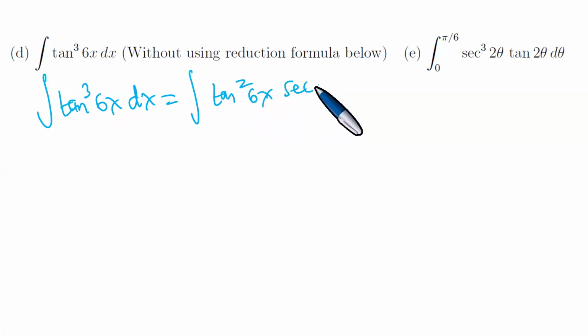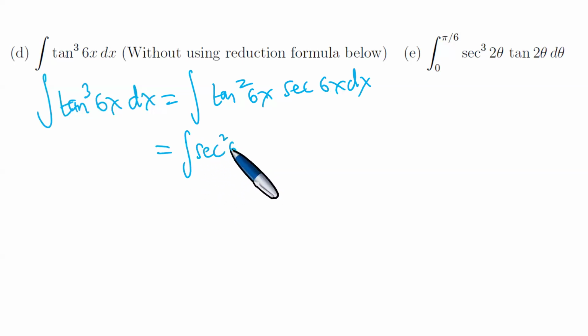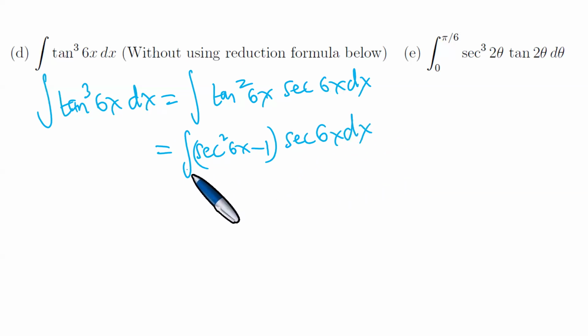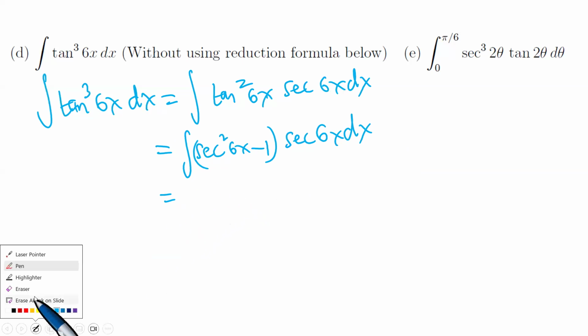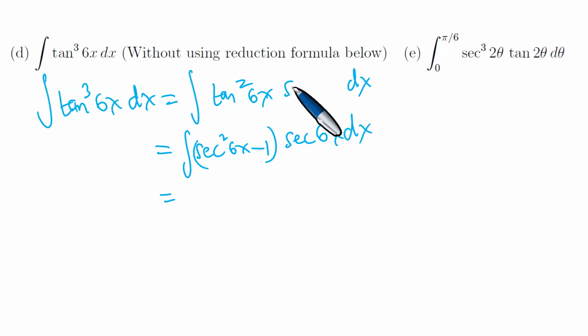So which is exactly the secant of 6x dx. Right. So the tan squared of 6x is sec squared of 6x minus 1, times tan 6x dx. So that is what we have. This is the tan, and this is also tan, so you have tan cubed.